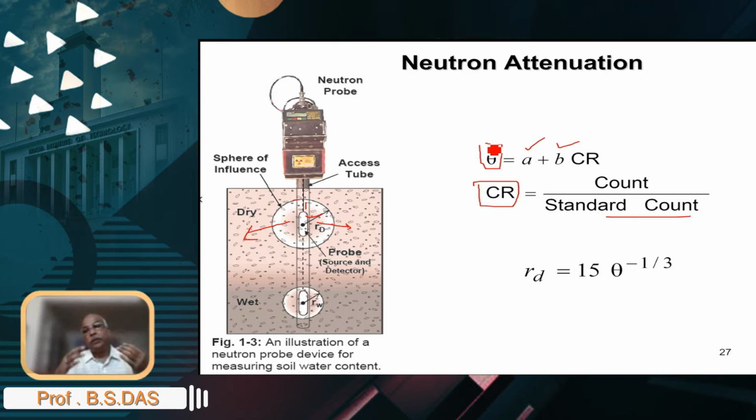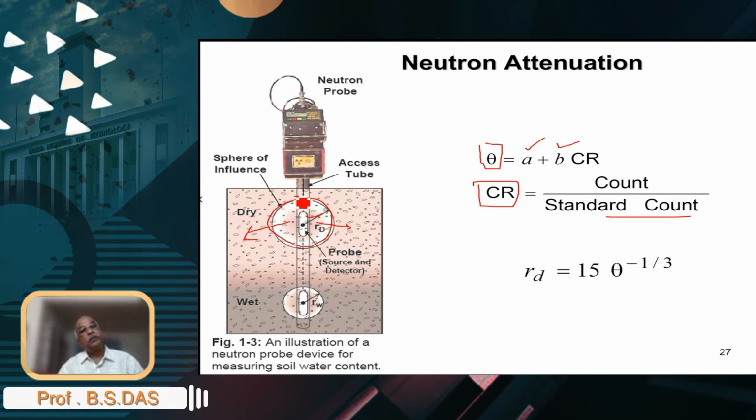Now, this whole system measures whatever source of hydrogen is present in the soil in and around the probe, whatever is there in that soil volume until the fast neutrons reach out and thermalize.